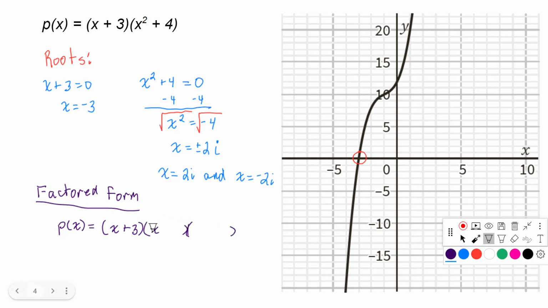Now remember I said it's the opposite of the root. So x, the opposite of 2i is going to be minus 2i, and the opposite of negative 2i will be plus 2i. And that would be the fully complete factored form of p of x equals x plus 3 times x squared plus 4.